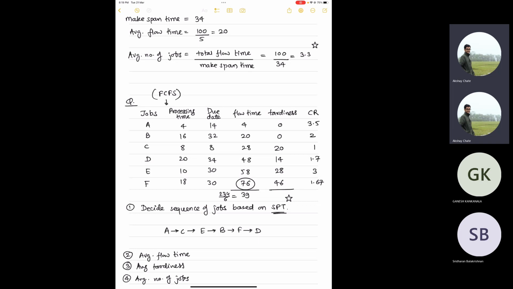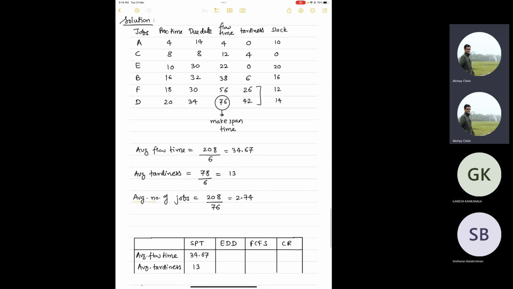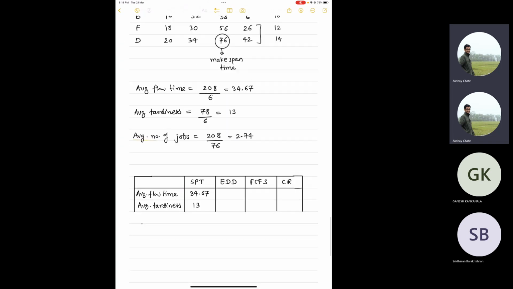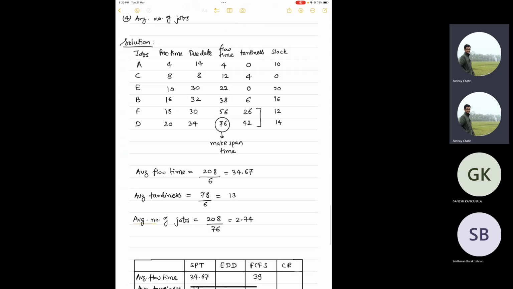And for tardiness, 34 plus 28 plus 46 divided by 6, 18. So now you'll go back to our table, and for FCFS, you have 39 days of flow time and tardiness of 18.